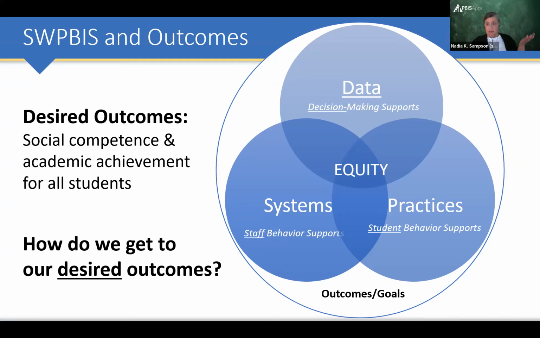Because sometimes when we're talking about data, practices, systems, we're like, well, talking about what data? What data are you talking about? What systems do you mean? And what practices? And the TFI actually does a nice job of giving us what those criteria or critical features are.